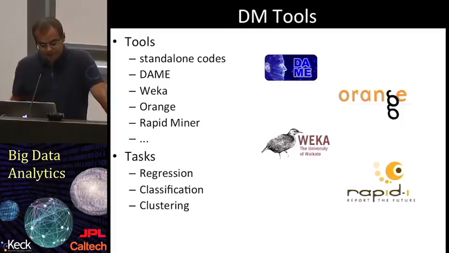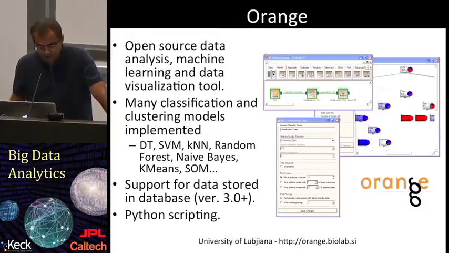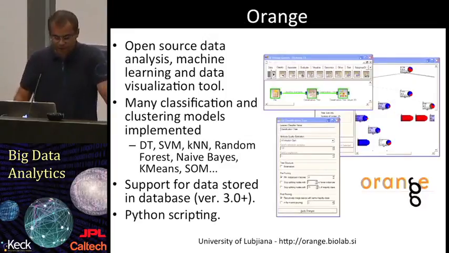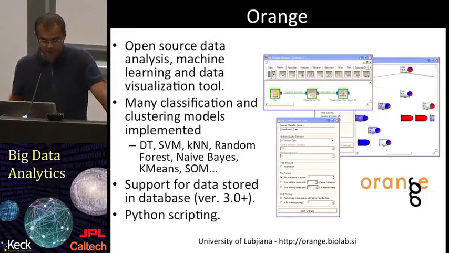Now, let's see some of the packages that you can install or use online to do regression, classification, clustering, and other data mining tasks or data analysis. The first one is called Orange, and you can download and install it on your machine for free. The website is on the slide and also on our webpage.